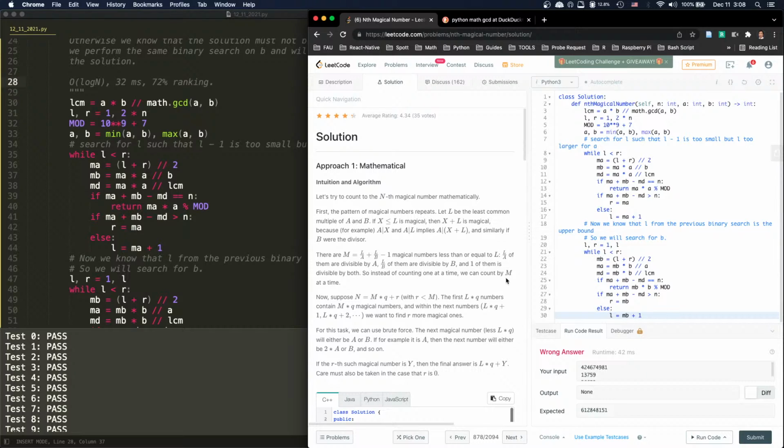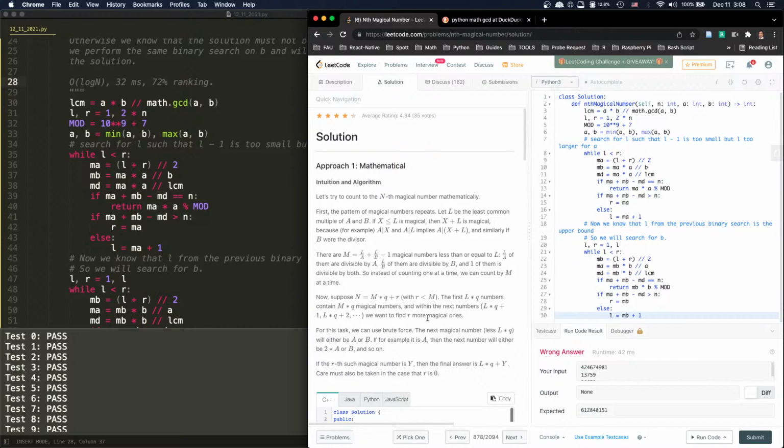We can count by m at a time. Now suppose n equals m times q plus r. The first L times q numbers containing, and what the next number is L times q.